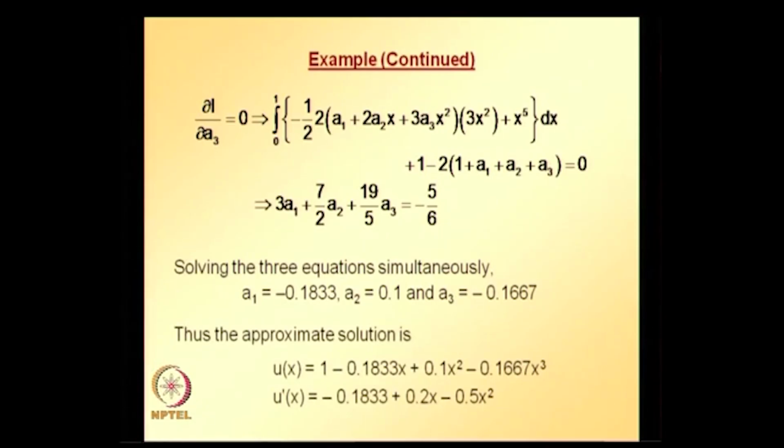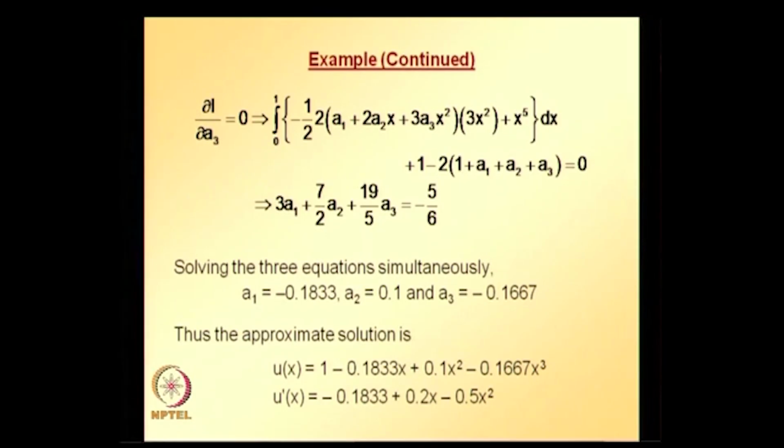And you can take its derivative, you get the derivative of the approximate solution. Okay, and as I mentioned a few minutes back, one way of checking the accuracy of the solution is to check whether the natural boundary condition is satisfied or not. Okay, so the derivative of u expression is given here.